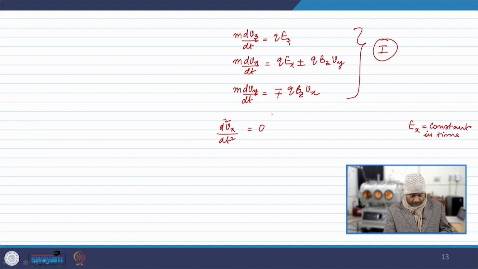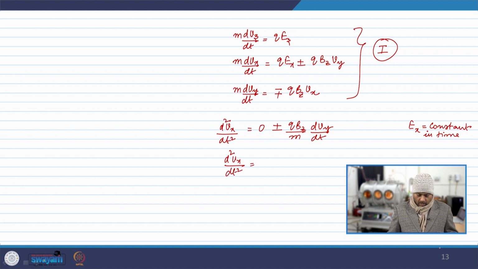So, this term will be 0, and plus minus q Bz by m dvy by dt, right. So, d square vx by dt square is plus minus omega c, where omega c is the angular frequency, qB by m is omega c, right. Omega c times dvy by dt.